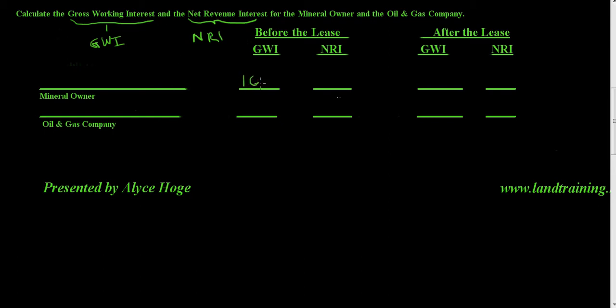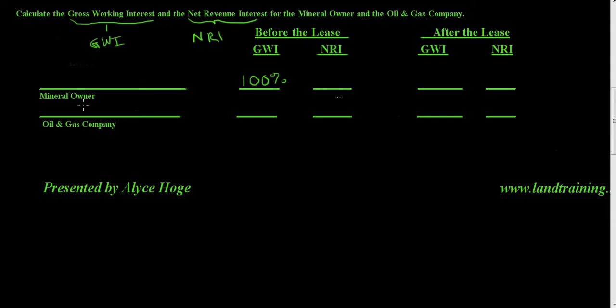That means if there are any bills associated with the drilling, and we know it's very expensive to drill a well, it's in the millions of dollars, that mineral owner is going to have to pay for 100% of his gross working interest. But he's also going to get a share of the profits, or the net revenue interest, after they pay any debts that they have.